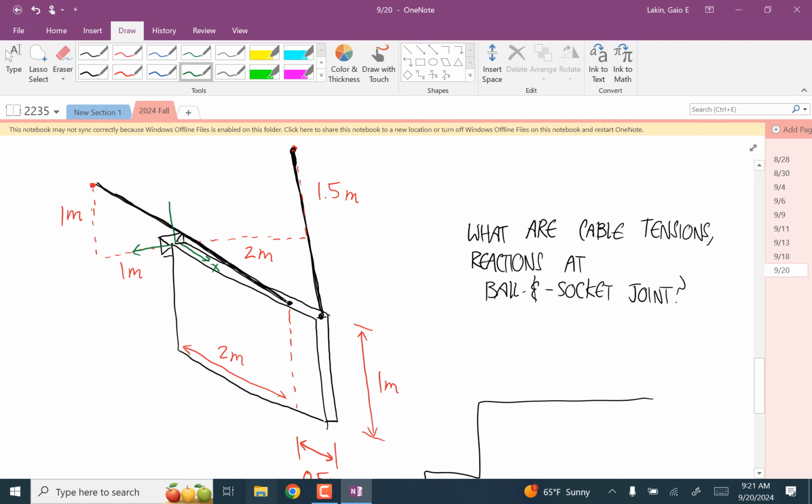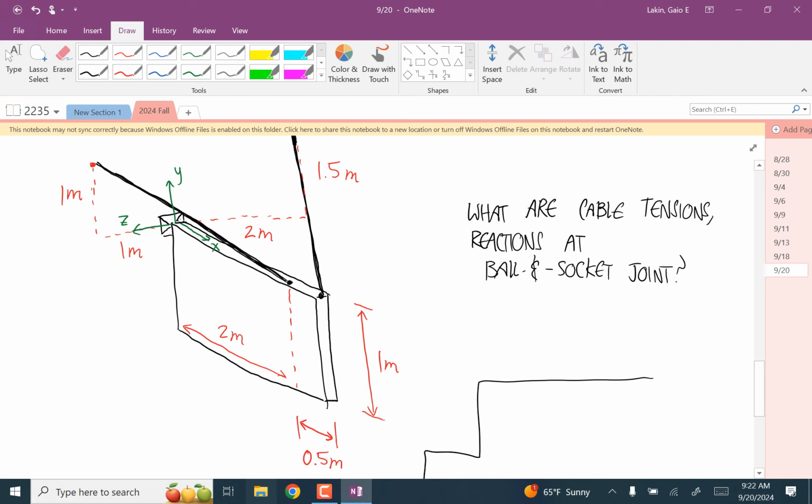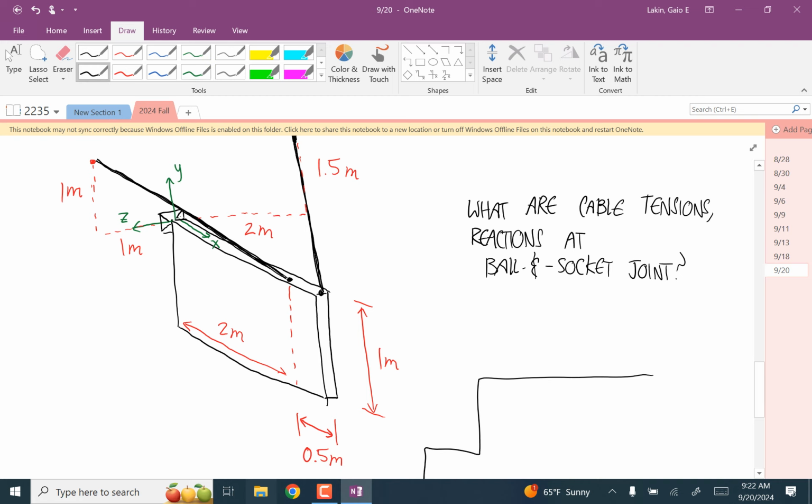Thickness still doesn't matter here? That's right. Everything's happening down the center axis, so it wouldn't matter anyways. It wouldn't matter as long as you use the same coordinate system for all of the math, right? As long as they're all in the same plane, unless one of those cables was on one side and one was on the other side and that kind of thing. Okay, so here's the coordinate system I'm using. Okay, so we're going to go 1.25 meters in the positive x direction and then 0.5 meters in the negative y direction.